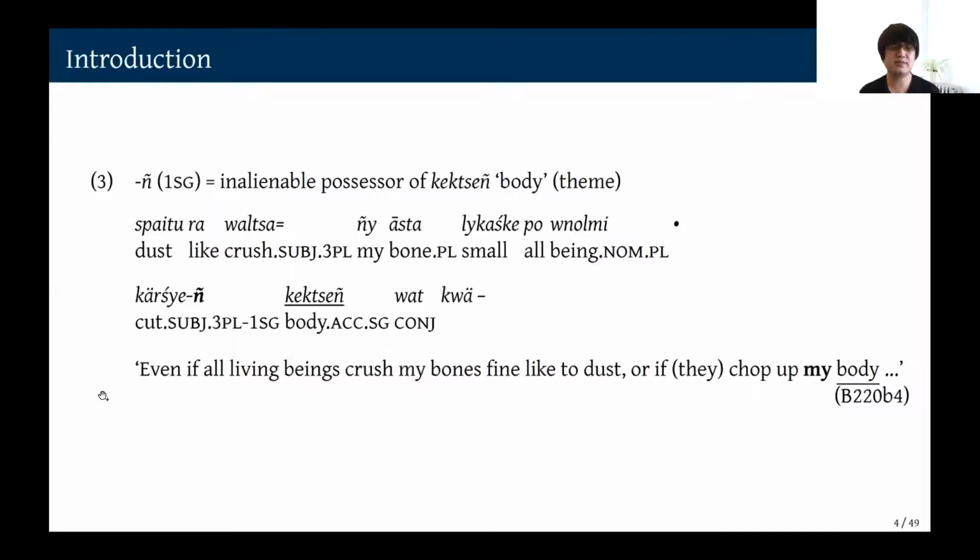The next example shows that the first person singular clitic nu spells out an inalienable possessor of kekten, body: even if all beings crush my bones small like dust, or if they chop up my body, and so on.